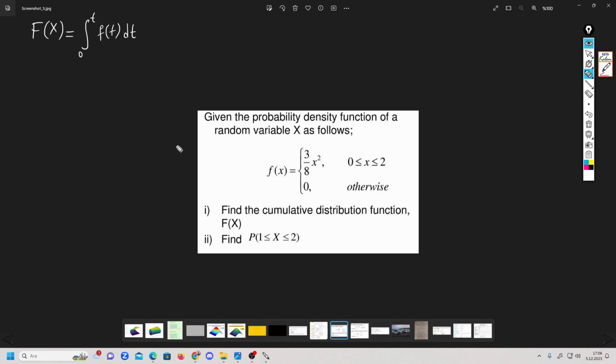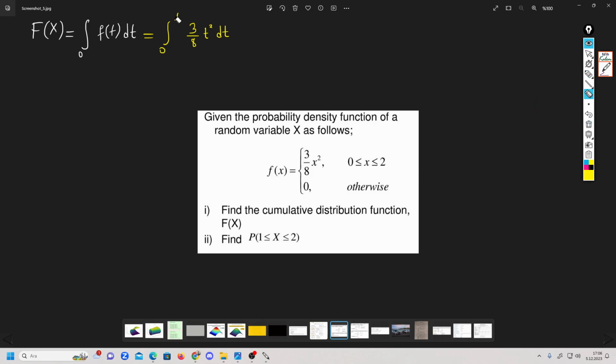Since the function is given with an interval, I can understand that it is a continuous random variable case. So if I write here the function 3 divided by 8 t square dt, actually there is a mistake.